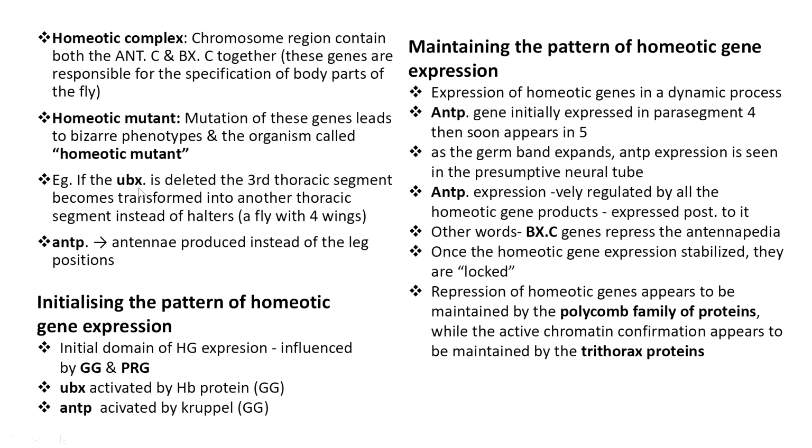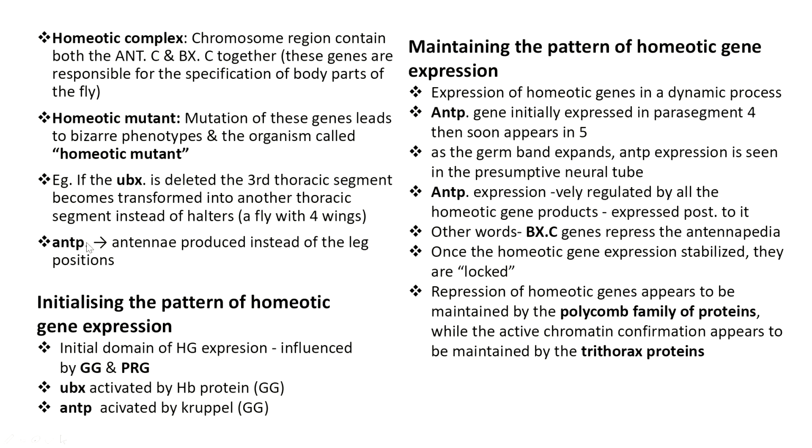The structures formed from the second segment are the legs and wings. So instead of legs and halters, this segment also produces legs and wings. That means the 3 sets of legs are normal, but there are more wings because of the expression of the second thoracic segment at the place of the third segment, and it results in a fly with 4 wings.